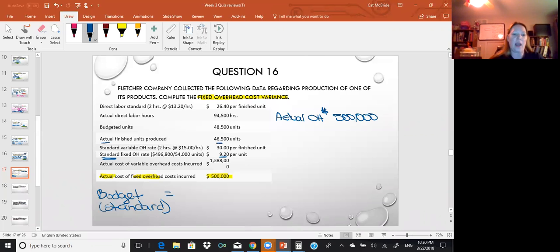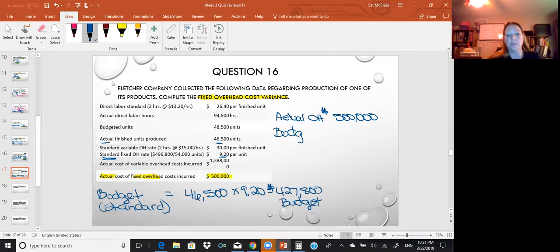So we're going to take our actual finished units, 46,500, times our budgeted rate of $9.20 per unit, gives us 427,800, and this would be our budget. So now we say, okay, our actual overhead was 500,000.